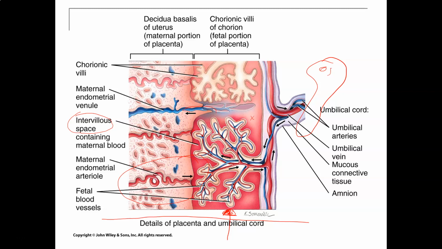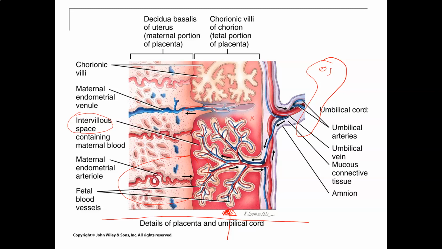Hormones. The placenta starts making estrogen and progesterone and other hormones. And so it has a major endocrine function. And once it starts producing those hormones, the ovaries basically shut down for the rest of pregnancy.